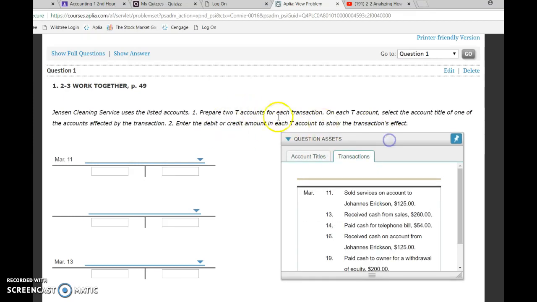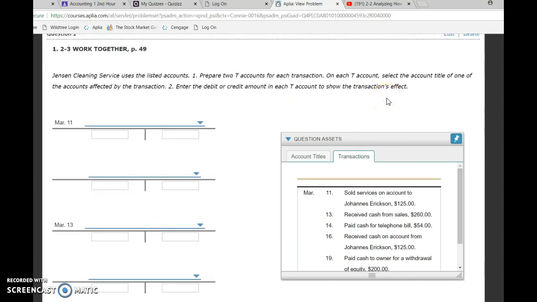This is pretty much doing the same thing we did the other day. This is Jensen Cleaning Services, which uses the listed accounts. Prepare 2 T accounts for each transaction. On each T account, select the account title of one of the accounts affected by the transaction. Enter the debit or credit amount in each T account to show the transaction's effect.